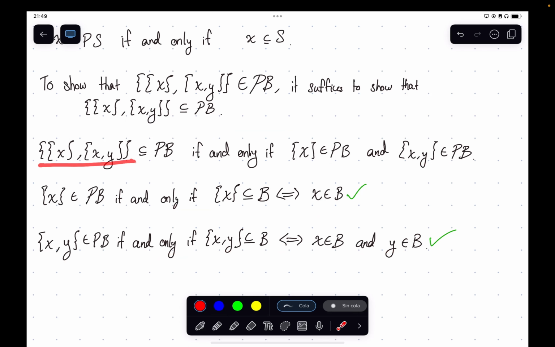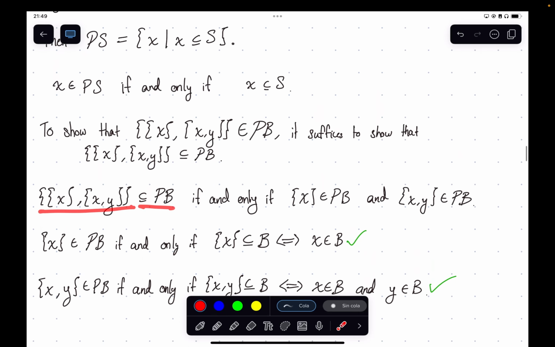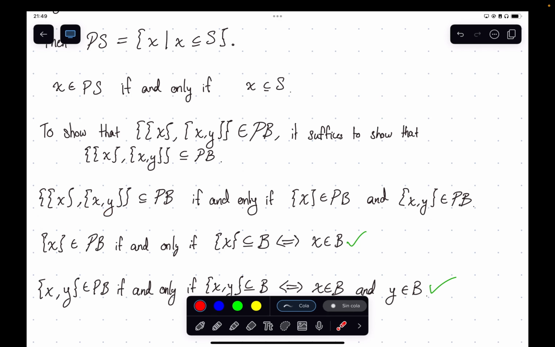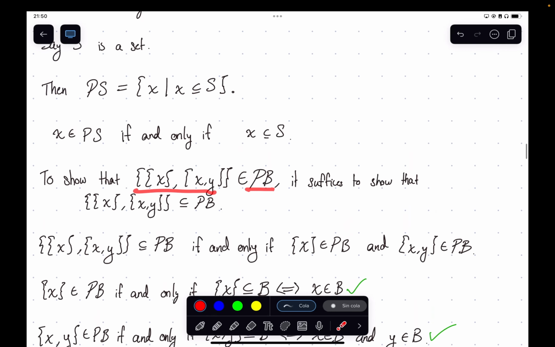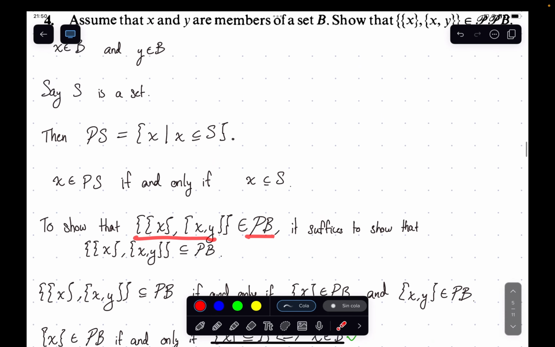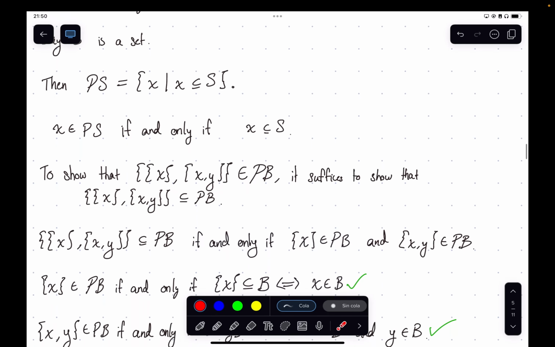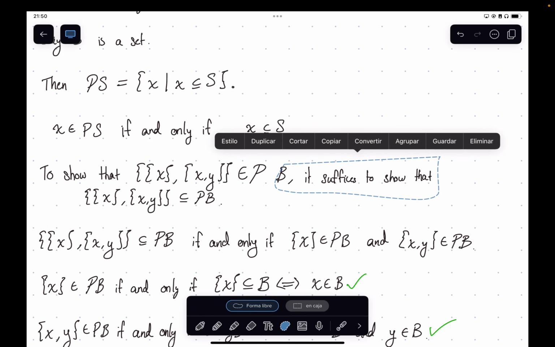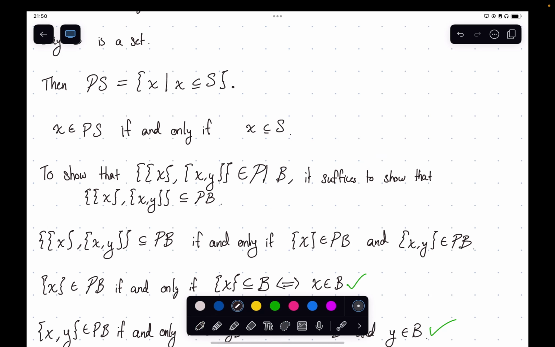So this set is a subset of the power set of B. And this means that this set must be in the power set of, wait, what did I write here? Oh, my bad. This might have confused some of you.